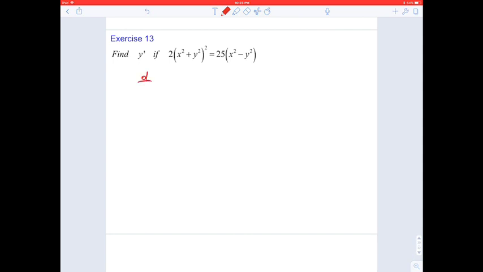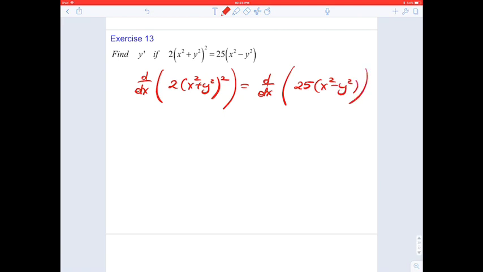Let's do the last one. Let's differentiate with respect to x 2 times x squared plus y squared, squared, equal to 25 times x squared minus y squared.